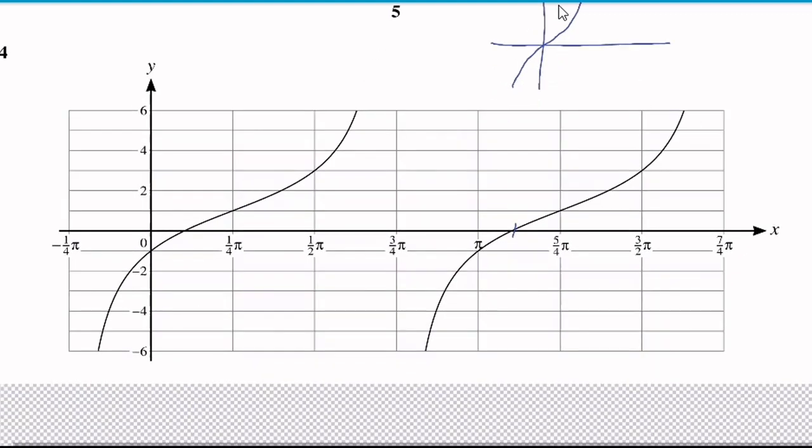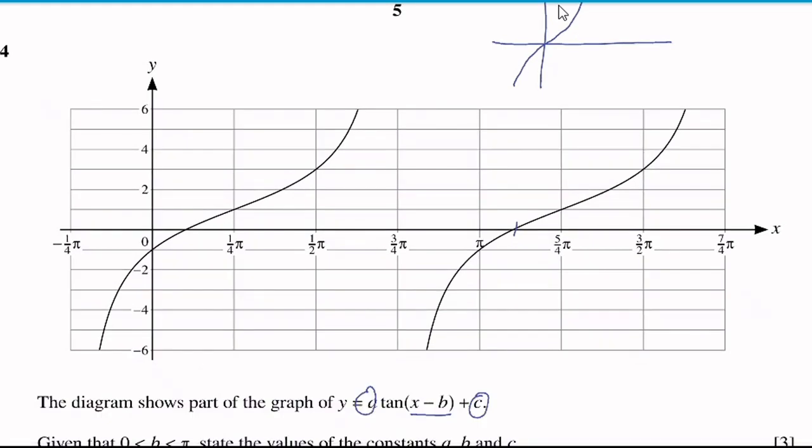If you take this point, where is it symmetrical? It is symmetrical here. You can see this part and this part. So it means that this point is being transformed from the origin.